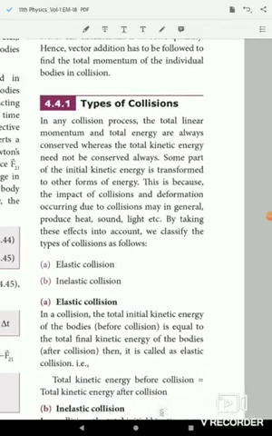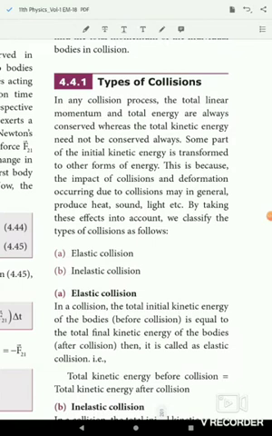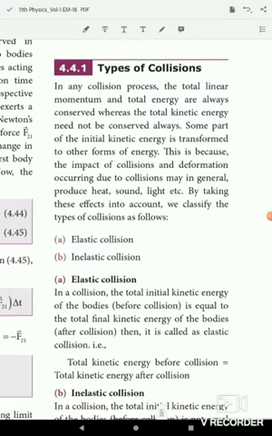Some part of the initial kinetic energy is transformed to other forms of energy. This is because the impact of collision and deformation occurring due to collision may in general produce heat, sound, light, etc.